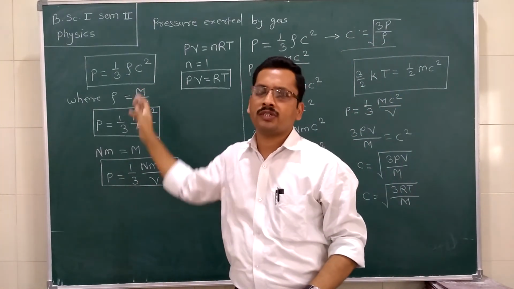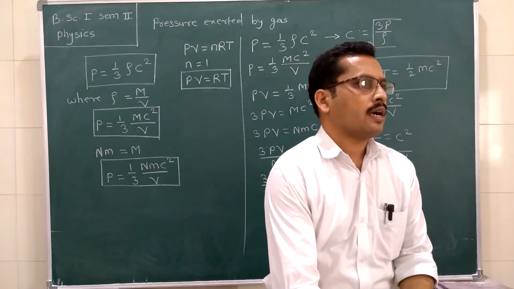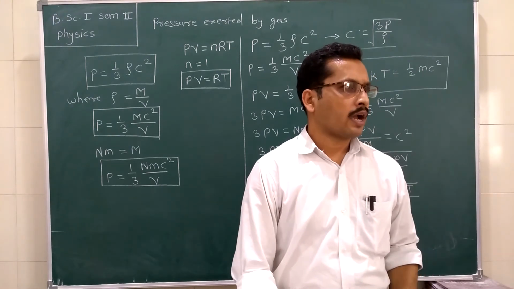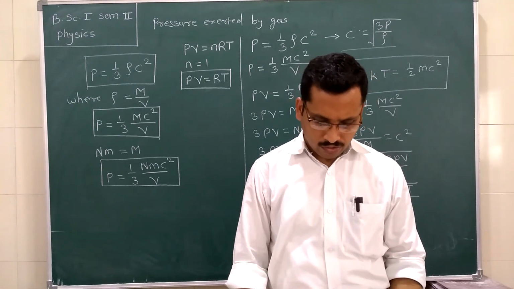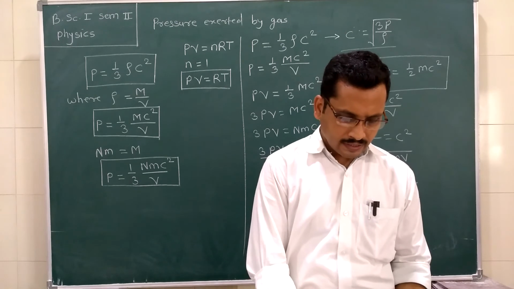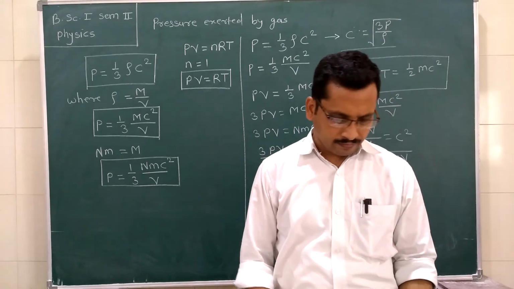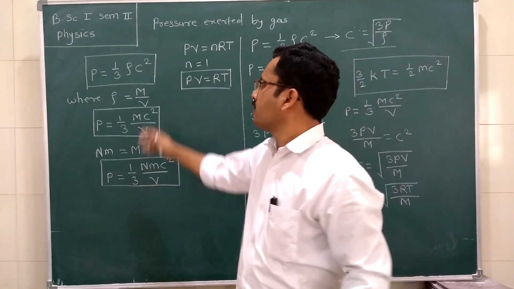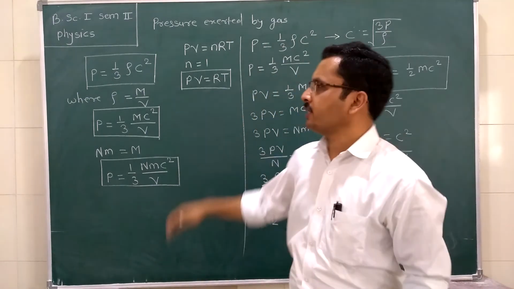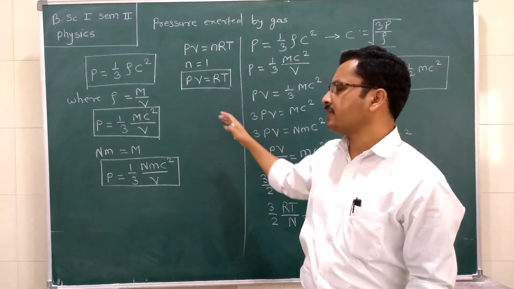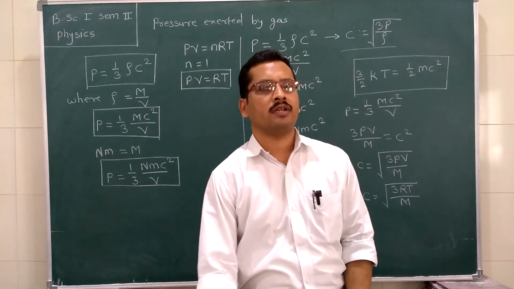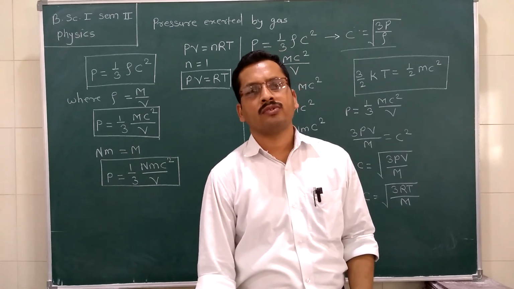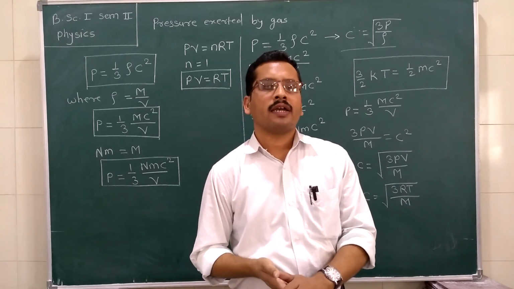So this equation is very important in the kinetic theory of gases. Today we discussed the pressure exerted by a gas, and some applications of the equation. So today this is enough.